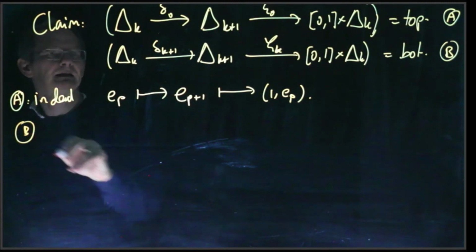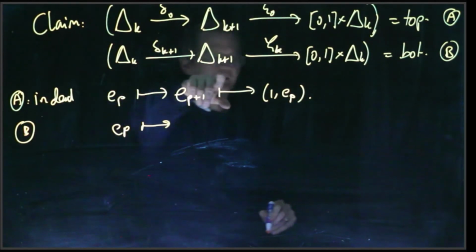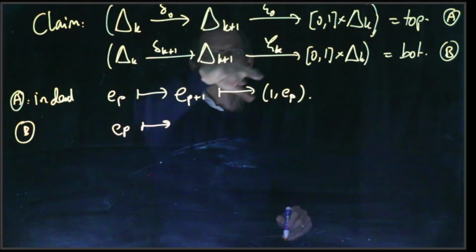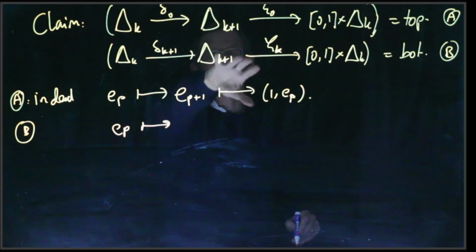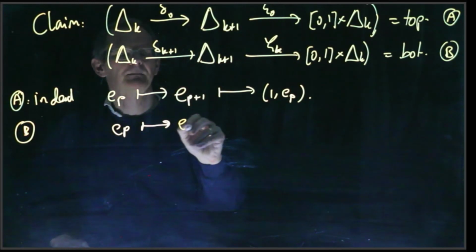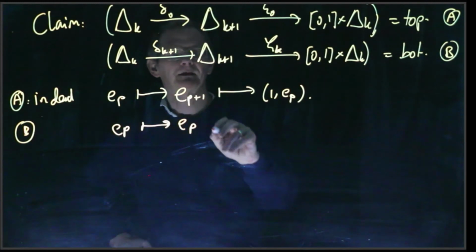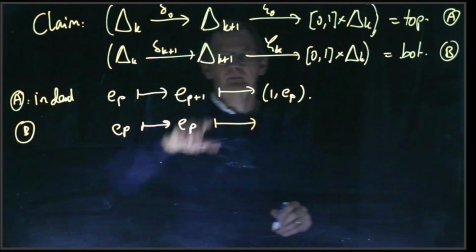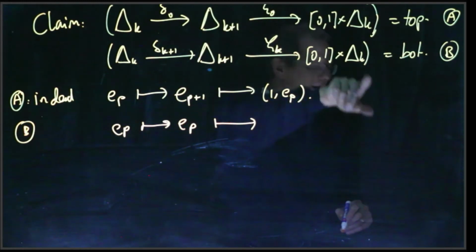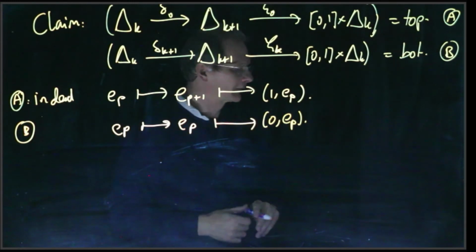And for the other one, delta K plus 1 omits the last, so it puts a 0 right at the end. Each of the EPs just goes to EP under delta K plus 1. We don't have the last vertex in here, so everything is going onto the bottom. This just goes to 0 EP.